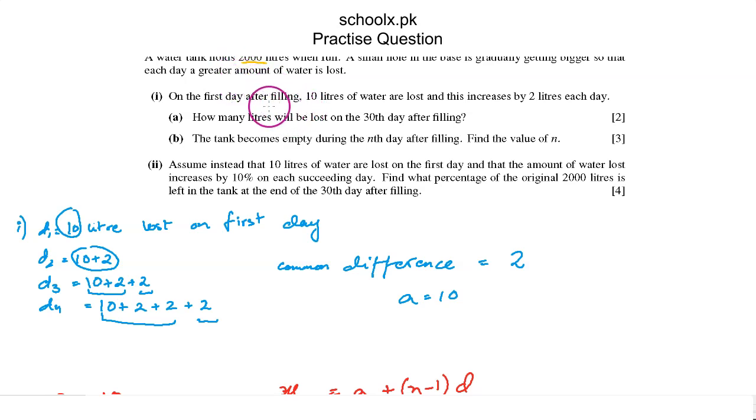And we know how many liters of water are lost each day, right? By this: 10, 10 plus 2, 10 plus 2 plus 2, and 10 plus 2 plus 2 plus 2. And the water loss is following an arithmetic pattern. Now we need to find the day at which the water loss sums up to 2000 liters, right?